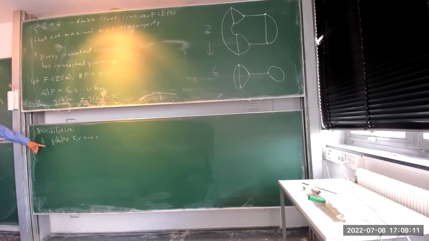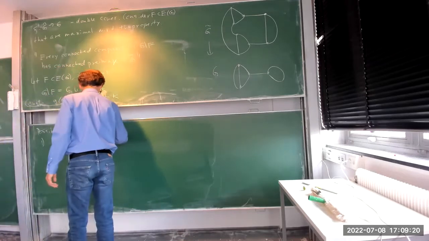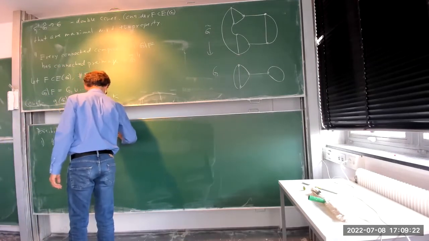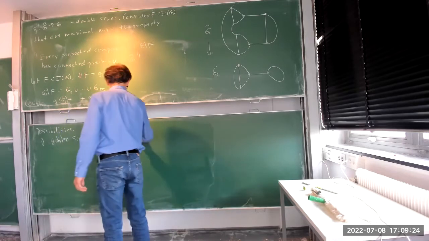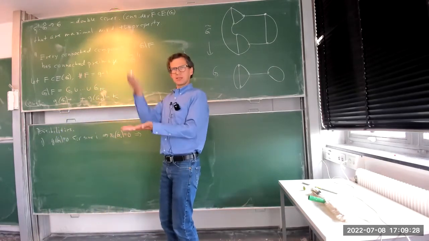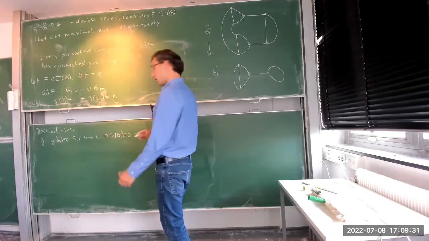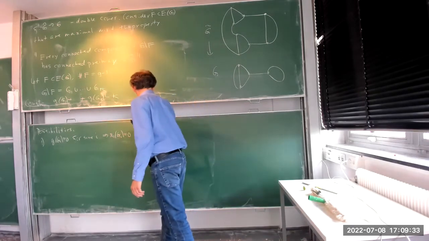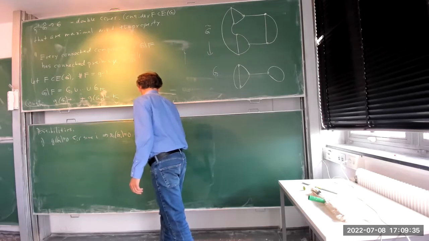A tree has trivial fundamental group, and hence a tree does not have any connected double covers, right? So this tells me that pi_1 of G_i is 0. And this tells me that the restriction of the double cover to G_i is the trivial double cover because that's the only one there is. So in particular, this tells me that the preimage of G_i is not connected.